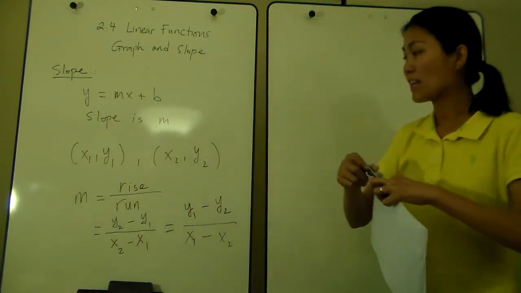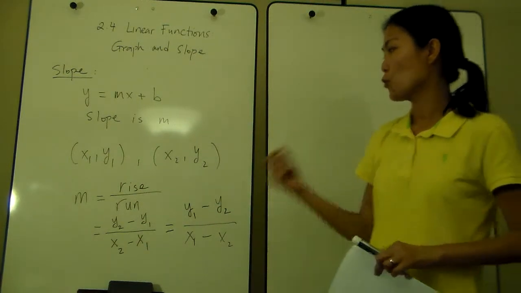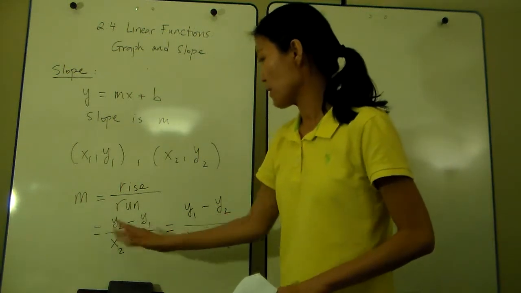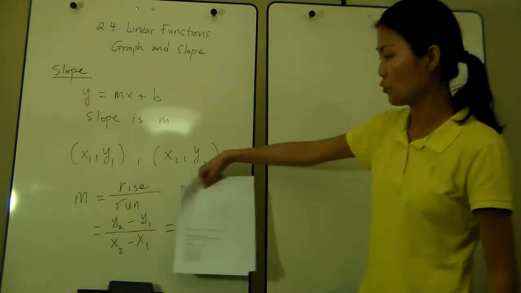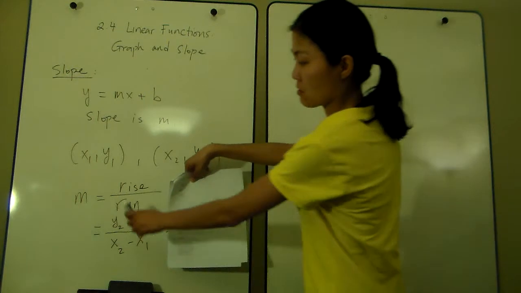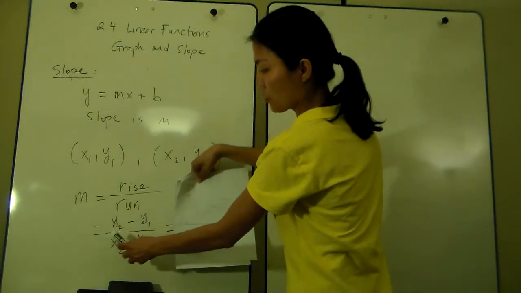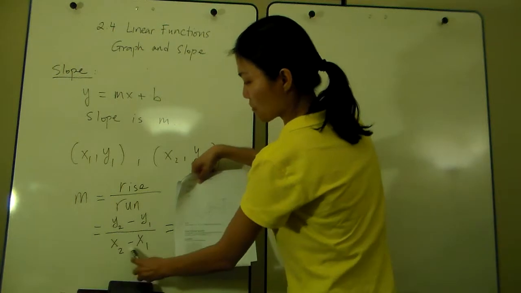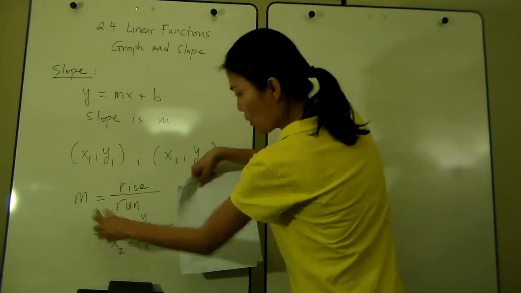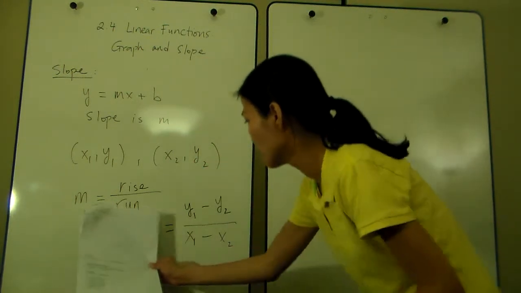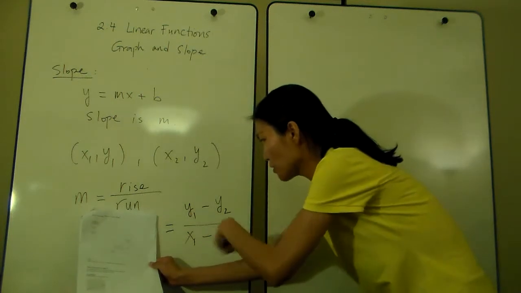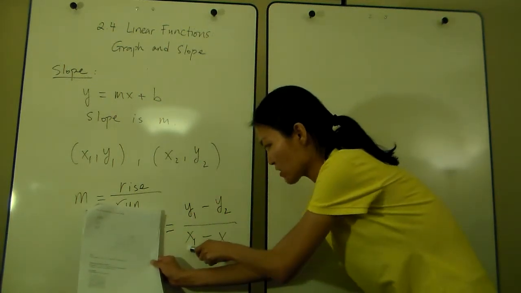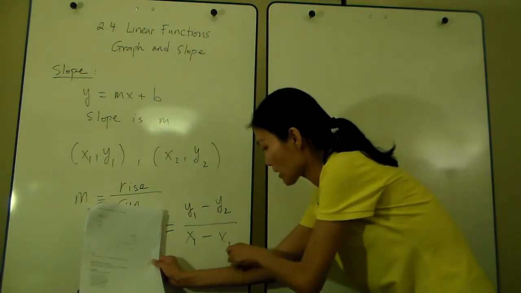Okay, so make sure you keep the order of the subscripts consistent. Either you use this notation, y sub 2 subtract y sub 1 divided by x sub 2 subtract x sub 1 to find the slope, or you can use this notation right here, take y sub 1 subtract y sub 2 divided by x sub 1 subtract x sub 2.